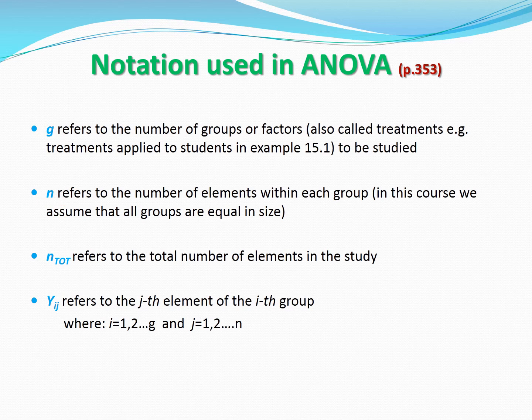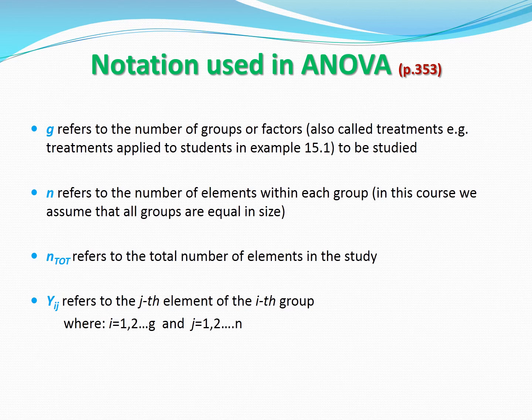N refers to the number of elements within each group, and in this course we assume that all the groups are equal in size. So since we had 20 students in total in example 15.1, and we had 4 different groups, our N will be 5.